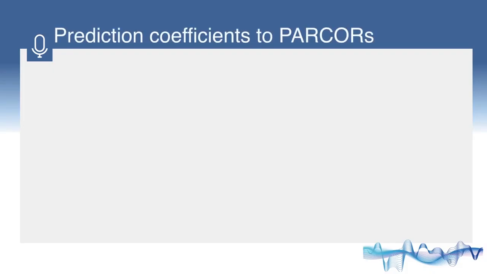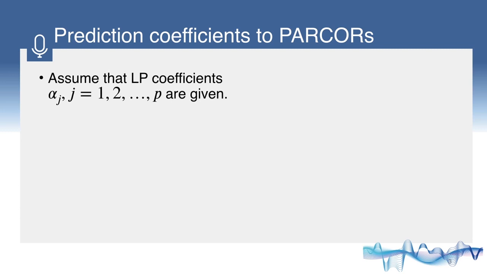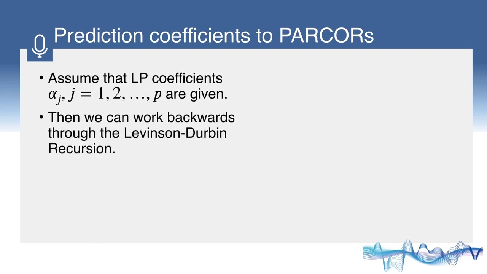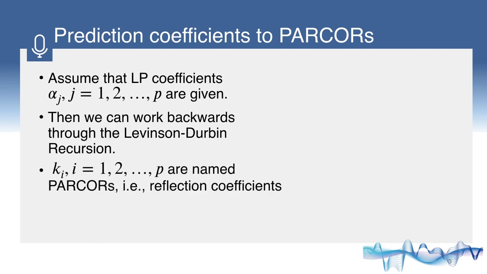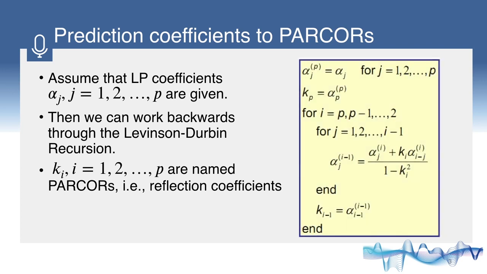In the cascade sound tube model, the sound channel is simulated as a series of cascaded lossless sound tubes with different lengths and cross-sectional areas. The reflection coefficient stands for the amount of reflection of sound waves at the boundary of each sound tube section.